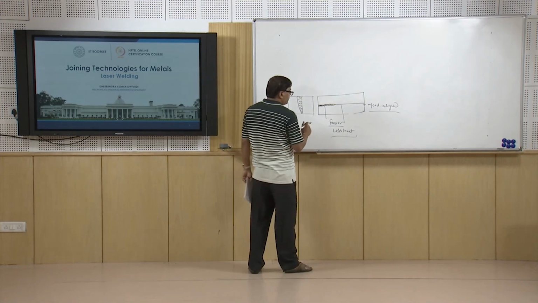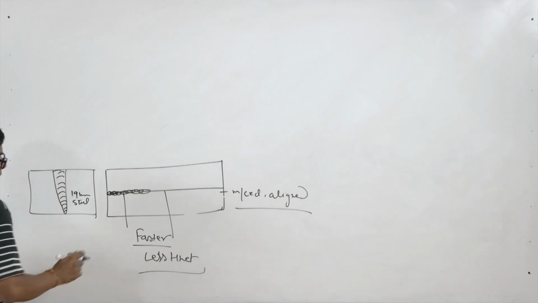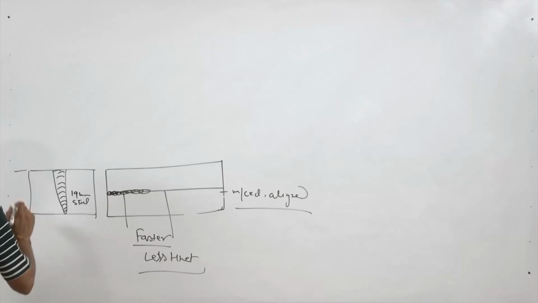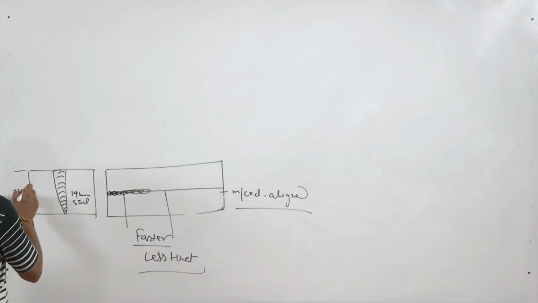The thickness for which laser welding is normally used is 19 mm of steel. However, using high capacity lasers, efforts have been made to weld in a single pass up to 32 mm also, but it is not so common.